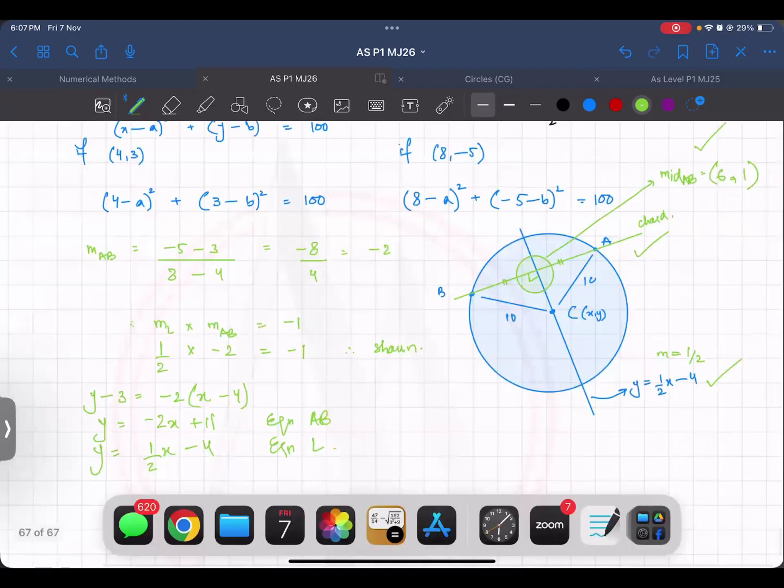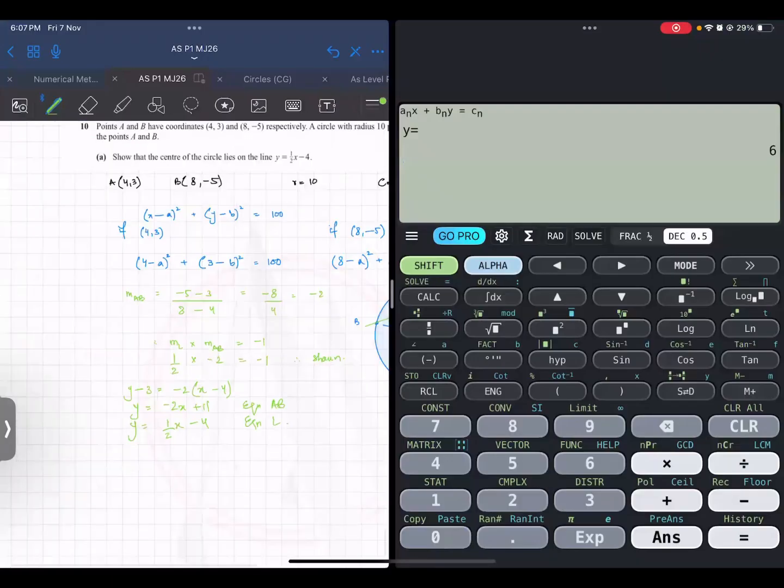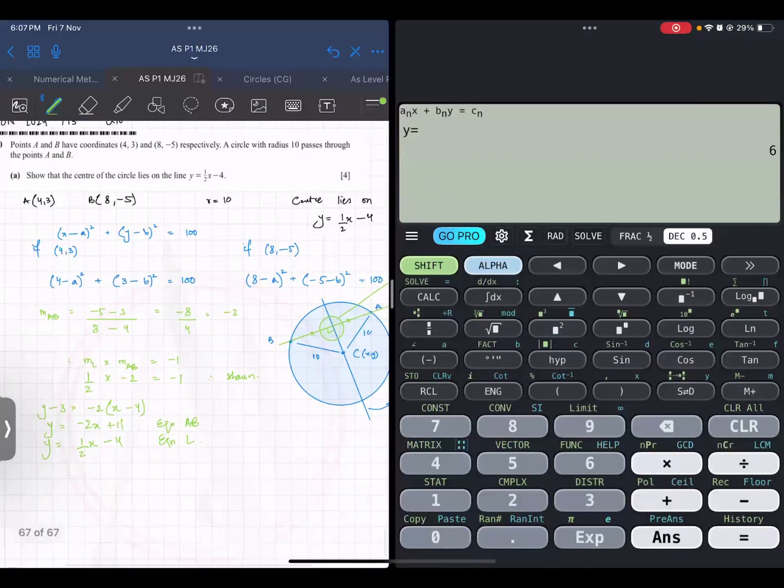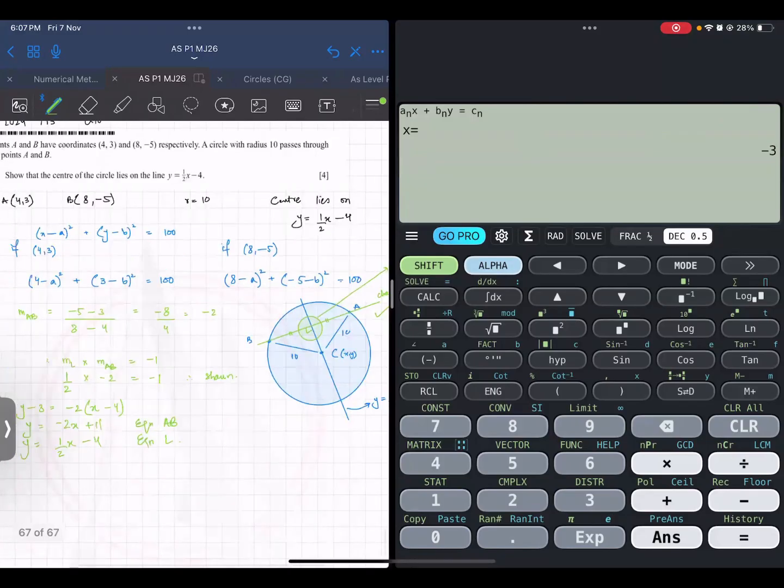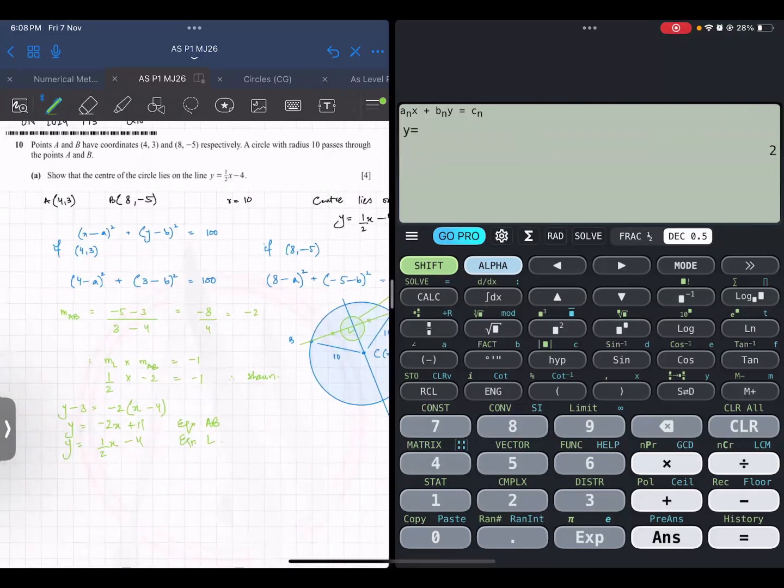If we solve them simultaneously and see that it is passing through the midpoint of AB, then it is confirmed. Oh, this is 11, sorry. This is 11.